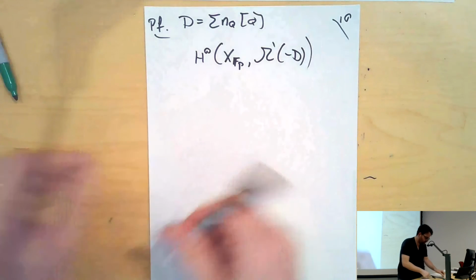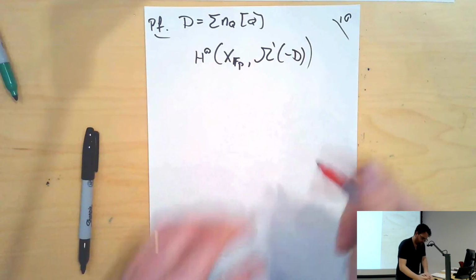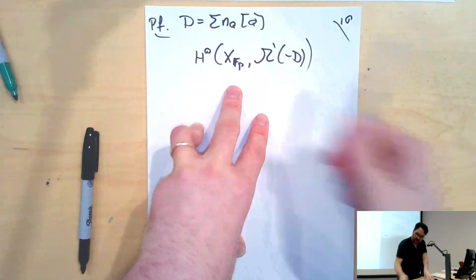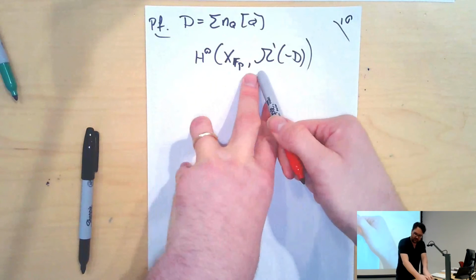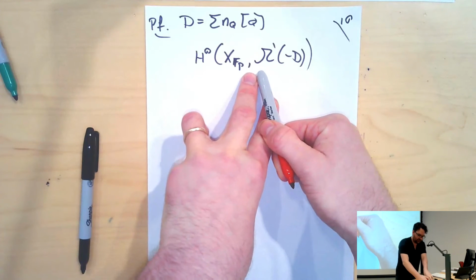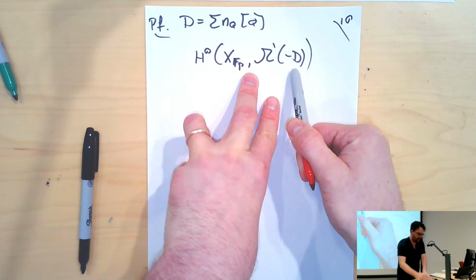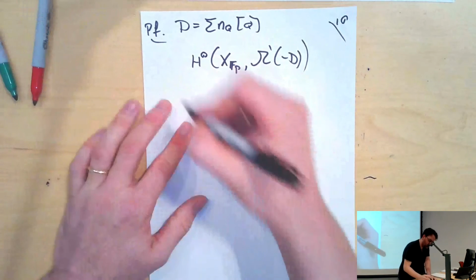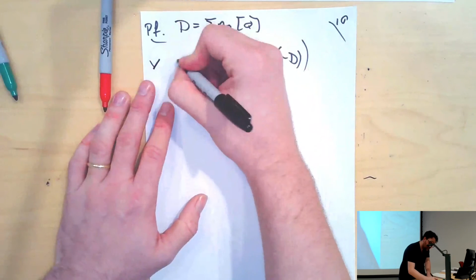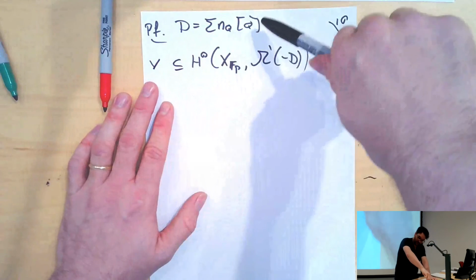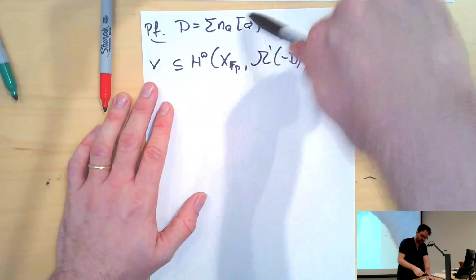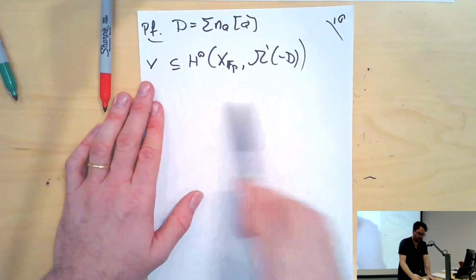As I said here, an ω is an element of this if and only if that ω has zeros at the support of D. So to put this another way, every annihilating differential, because of our definition of Q, is an element of this set.